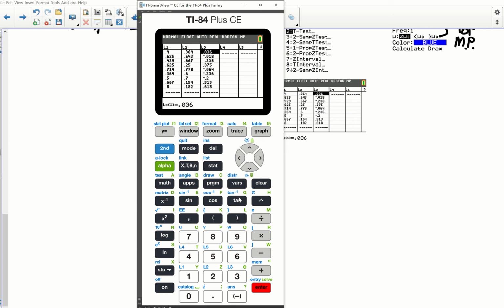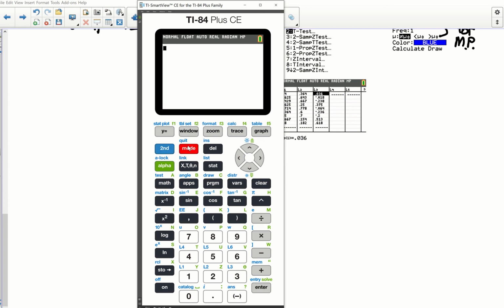All right. So we'll quit out of here again and go back into stat test, option 2. The menu's still the same as before, but now it's referencing list 3, which is a meaningful list 3.